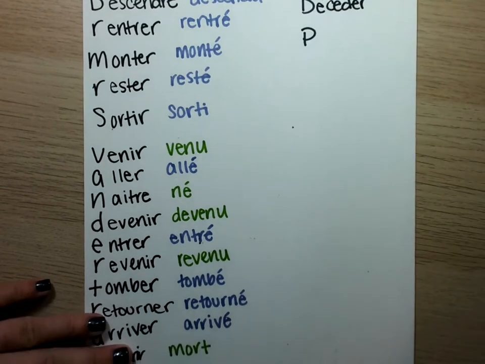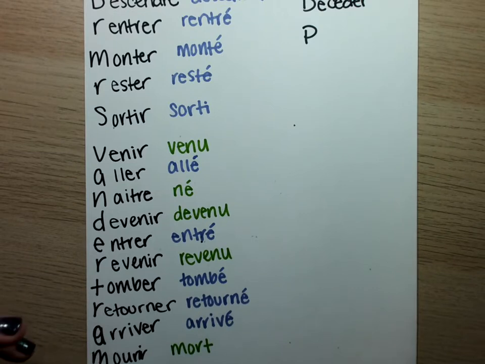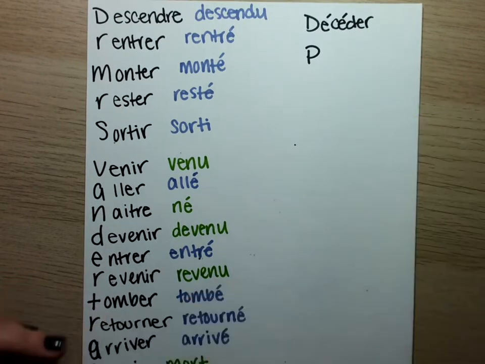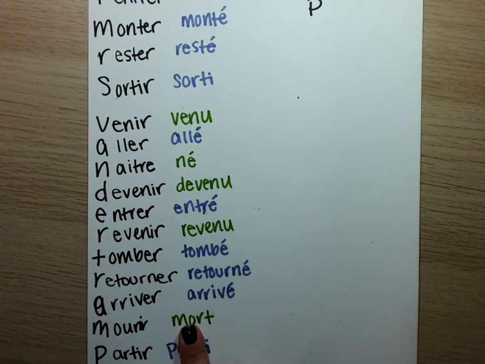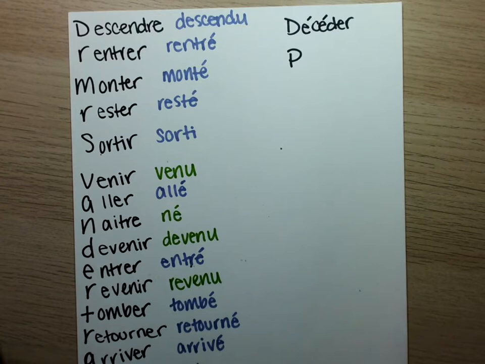So I always tell kids there's a difference between mourir, which is the verb to die, as in you're being murdered or it's an accident or things like that, whereas décéder is to die of natural causes, like old age or things like that. So décéder I always say is natural causes, and mourir down here is more of a that wasn't planned.